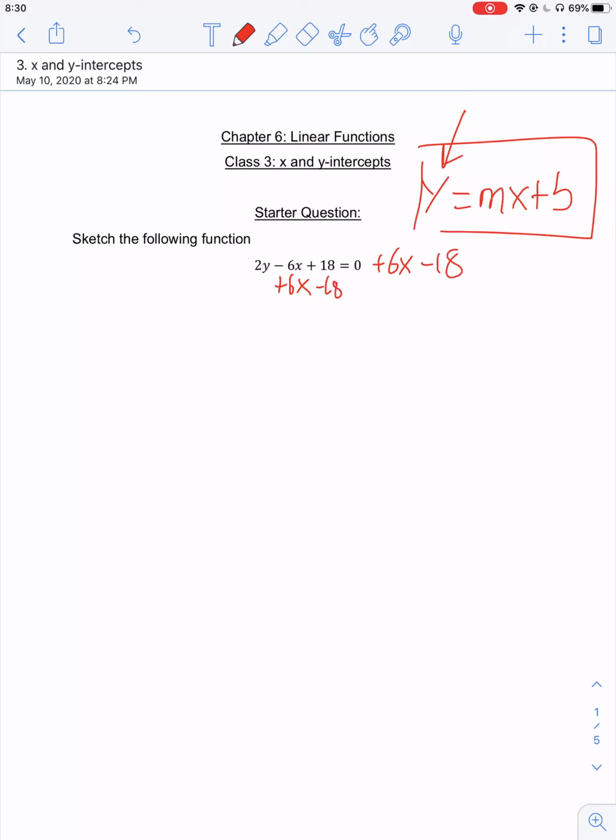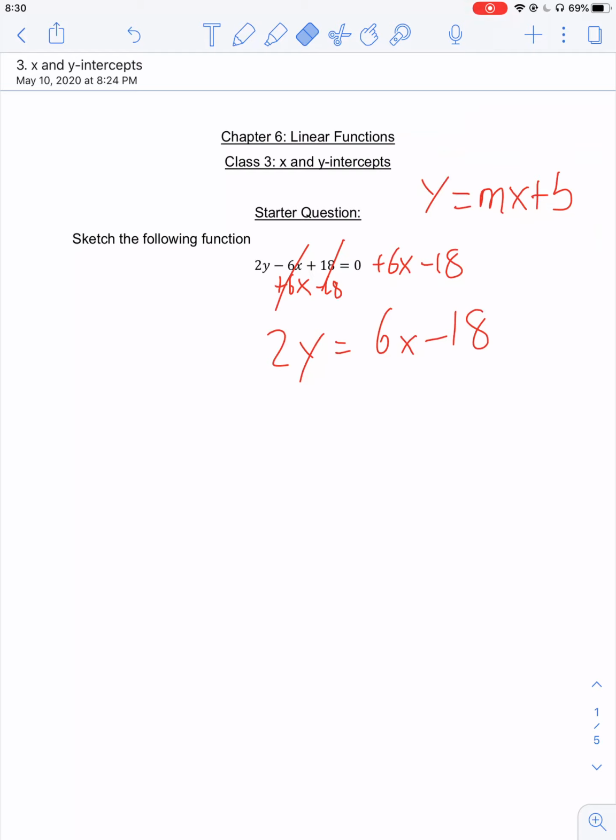So this will disappear, and then you're going to have 2y is equal to 6x minus 18.